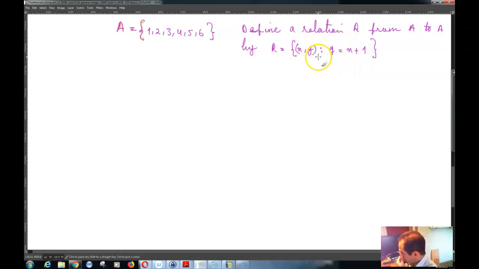And you want to depict this relation using an arrow diagram and write down the domain, codomain, and the range of R. This is an important and good example.